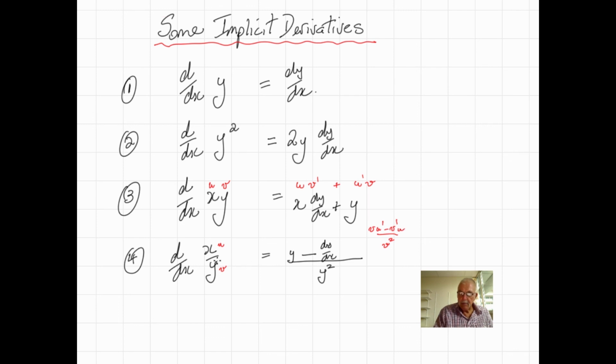And u is just equal to x. Alright, so those ones you should be familiar with, at least be able to calculate them as we go and do more complicated examples with implicit differentiation.